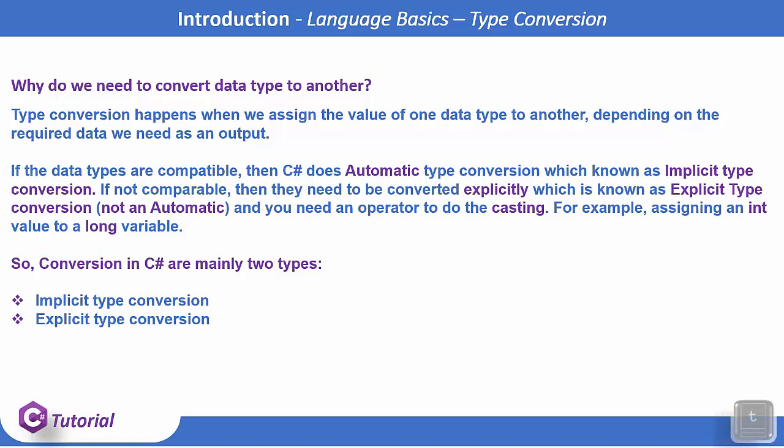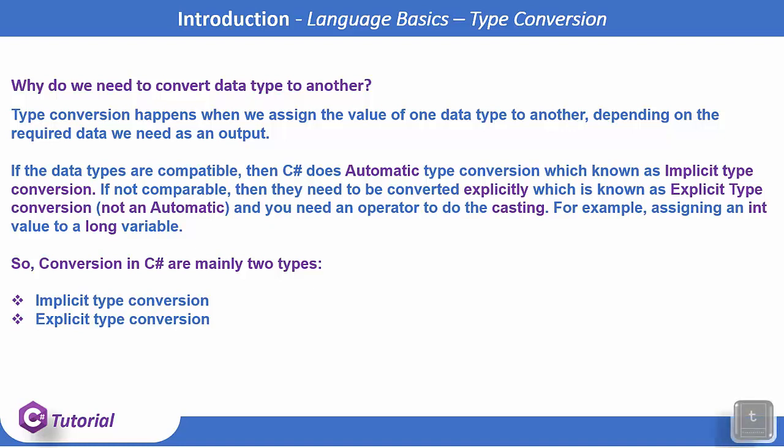So in CSharp, there are two types of conversion. There is implicit type conversion and explicit type conversion. If the data types are compatible, then CSharp does automatic type conversion, which is known as implicit type conversion.